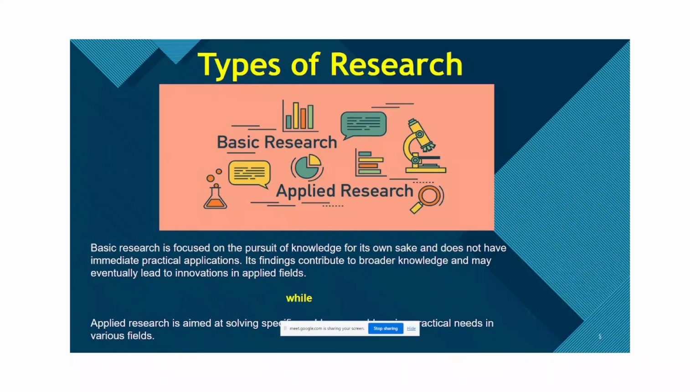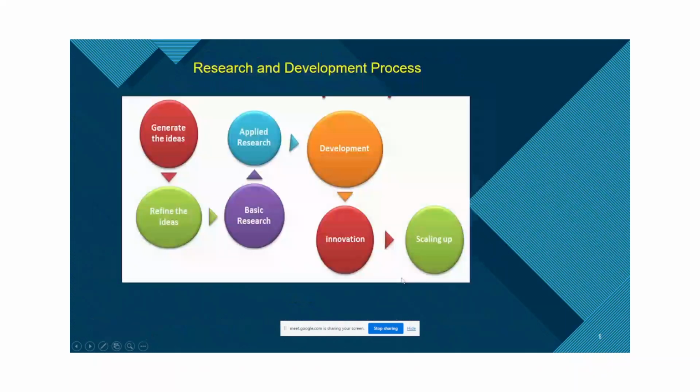But in applied research, the knowledge that you got from basic research is then transformed through innovations and other ways, which is going to provide products and also services at the end of the day.